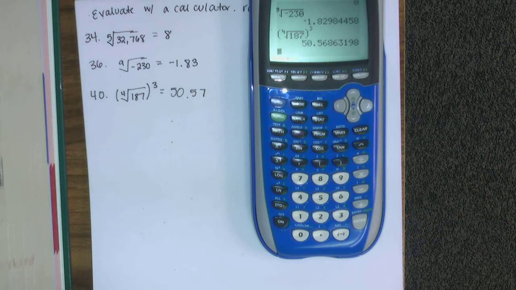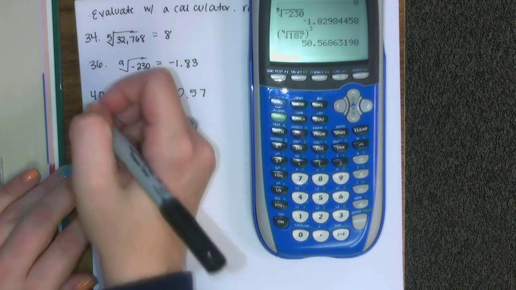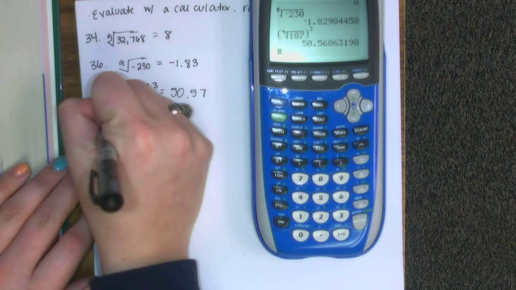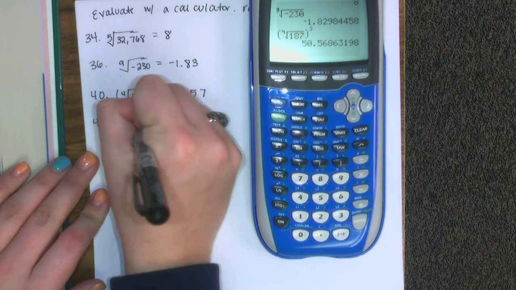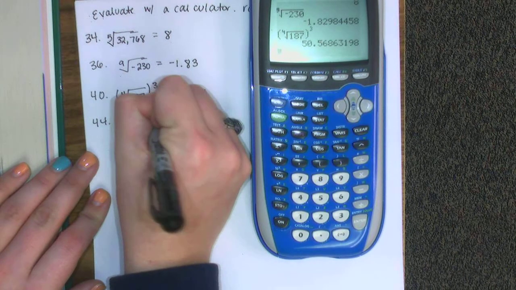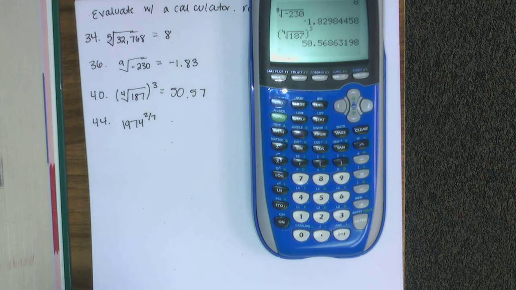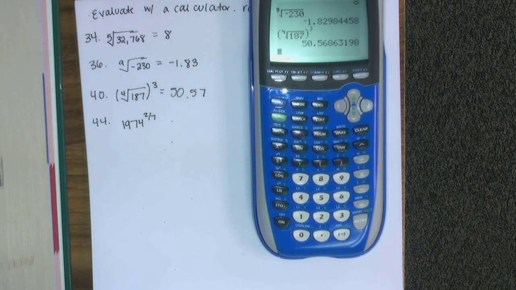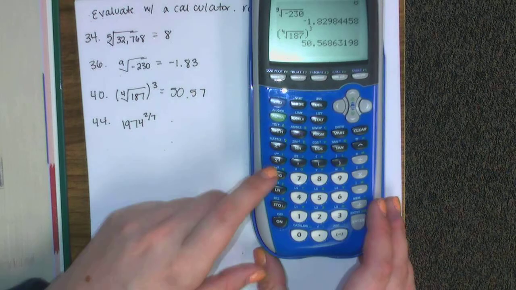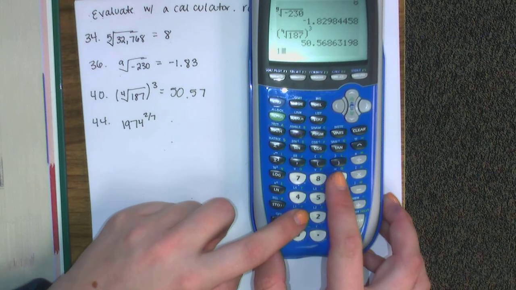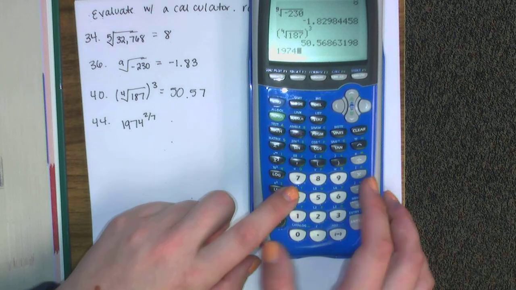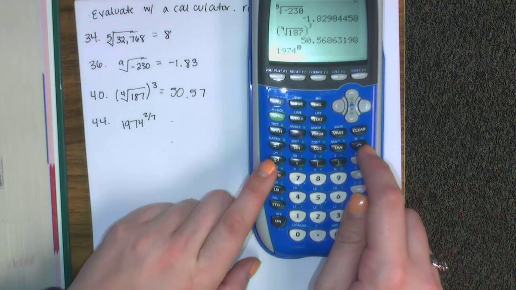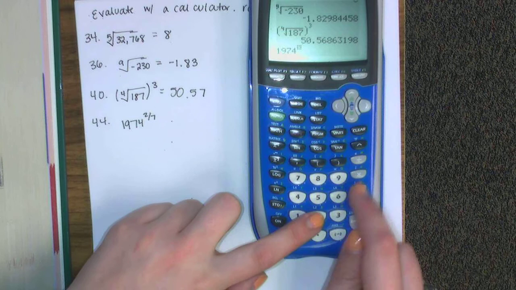And then the very last thing here that we will do, trying to give you guys plenty of examples, is number 44: 1,974, all raised to the 2 sevenths. Now you could rewrite it and type it in your calculator like we did this one, but the way I would actually recommend to do it is to type in the number 1974 and then raise it all to 2 divided by 7.